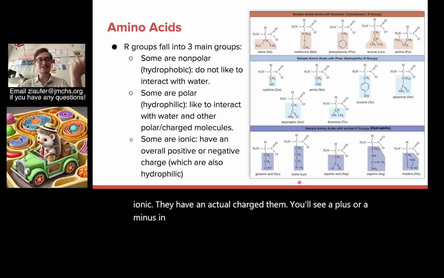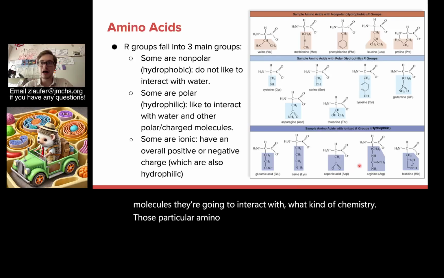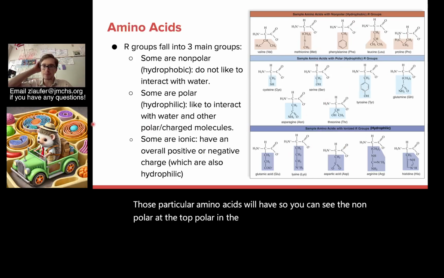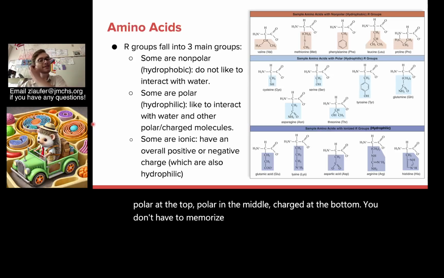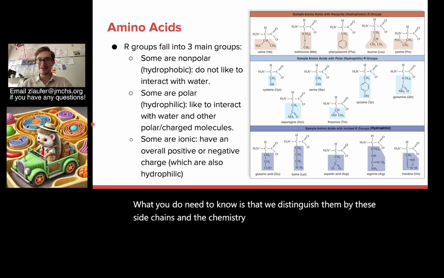And that gives us an idea of what kind of molecules they're going to interact with, what kind of chemistry those particular amino acids will have. So you can see the non-polar at the top, polar in the middle, charged at the bottom. You don't have to memorize these. What you do need to know is that we distinguish them by these side chains and the chemistry of those side chains.